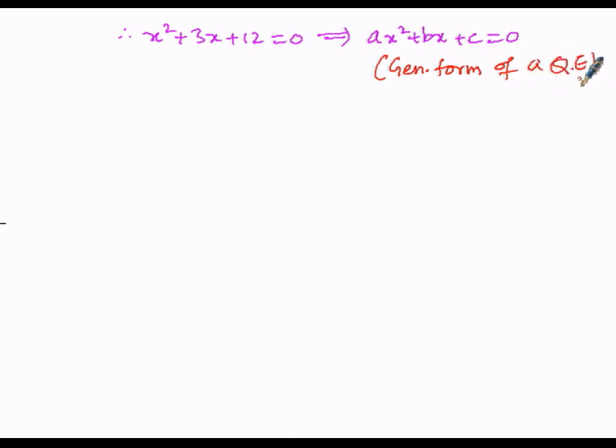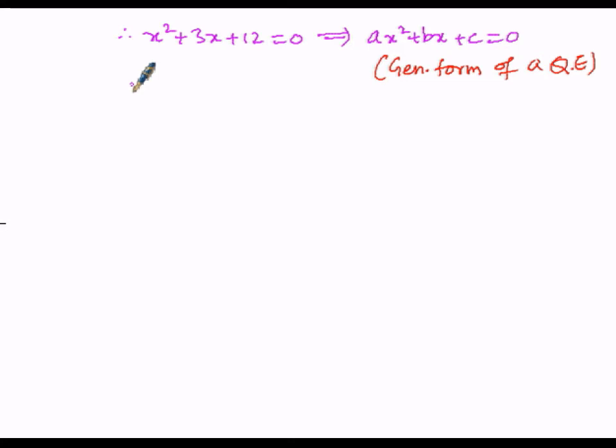Then now we have to solve for x. Let us solve the given equation by means of the formula. That is the second method, the method of solution by means of formula.